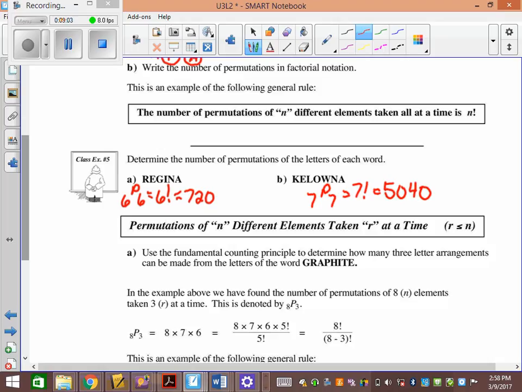Okay, now do rearranging Regina, but must start with a vowel. Rearranging Kelowna, and it must start and end with a vowel.